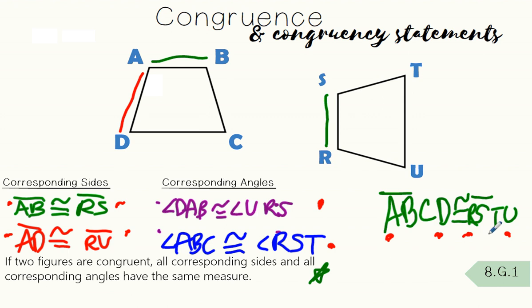Now I did that for my letter list. Let's go to the shape itself to figure out if we're talking about the same side. And in fact, we are. I can see that it's in the same location connecting to my other side. And that's how I can use a letter list to write congruency statements about corresponding sides or corresponding angles.